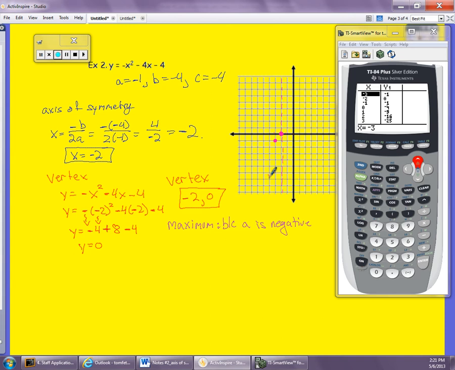Now I can put another point over here. Negative 4 and negative 4. And we can have negative 5, negative 9. So now we have these points here, and we have our axis line of symmetry. So these points are going to match right up.